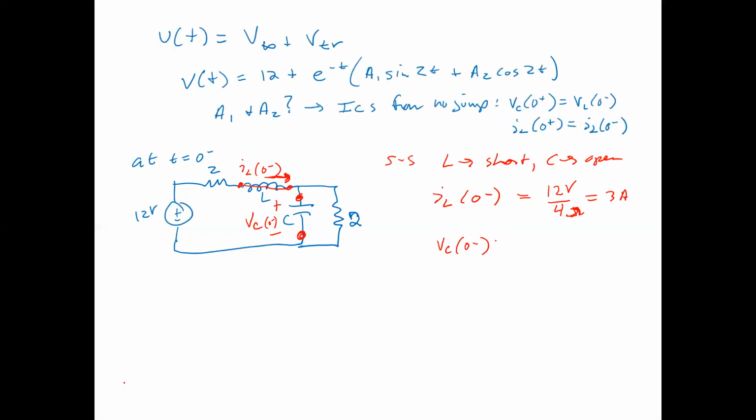It will be 12 in infinity, but at 0 minus, when that second resistor is switched in there, Daniel, what's the voltage across the capacitor? 6 volts, right? Because you got a voltage divider, right? You're going to be dividing that 12 volts across 2 resistors of the same value. So that's 6 volts, which is VC of 0 plus. And this, of course, is IL of 0 plus. It's 3 amps.